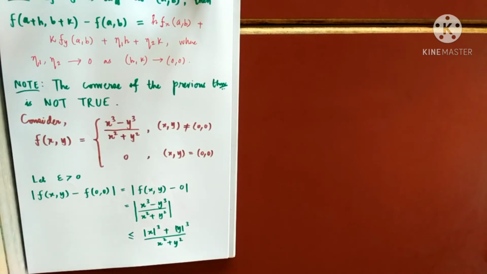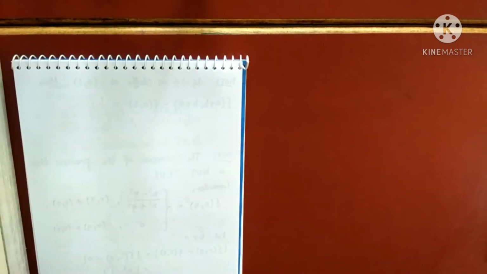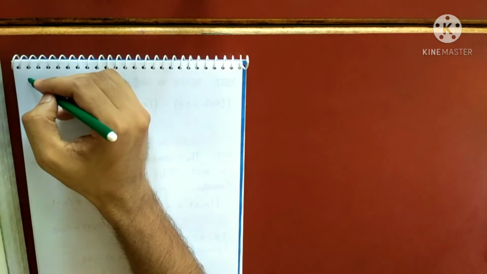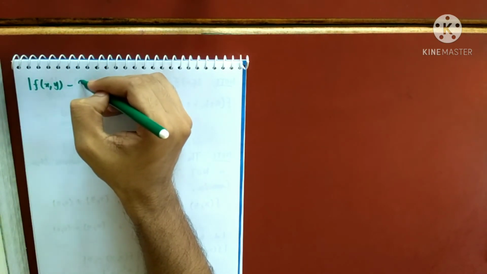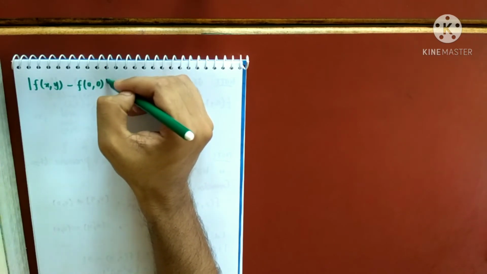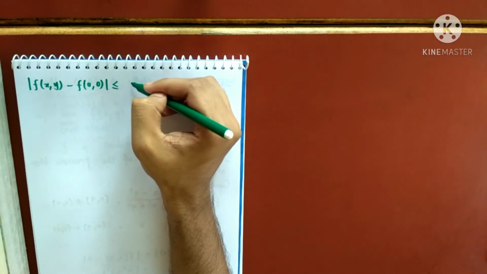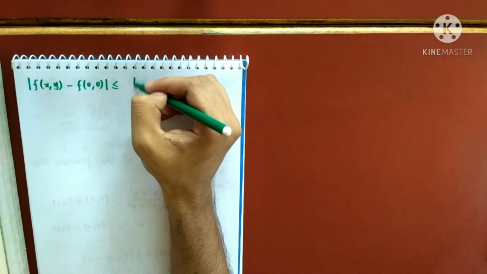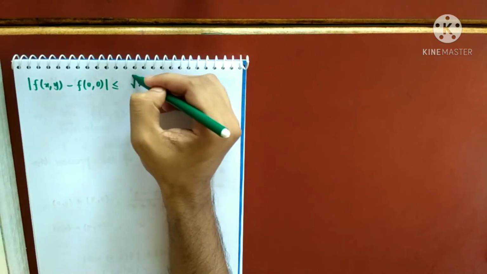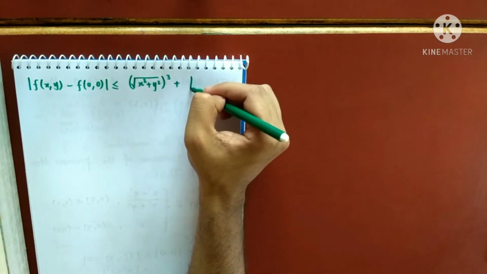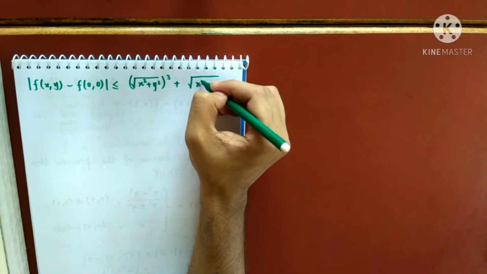This is less than or equal to the square root of x^2 + y^2. So |f(x, y) - f(0, 0)| is less than or equal to |x| times (x^2 + y^2)^(3/2) over (x^2 + y^2) plus the same for y.